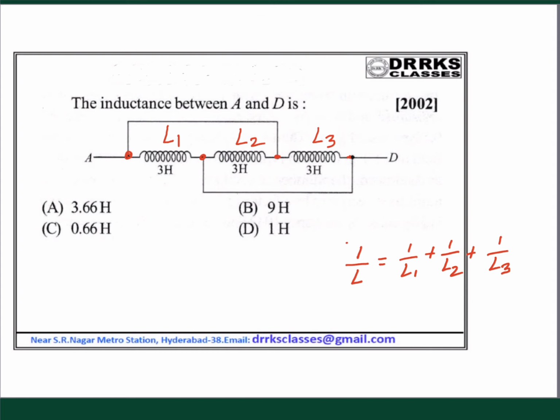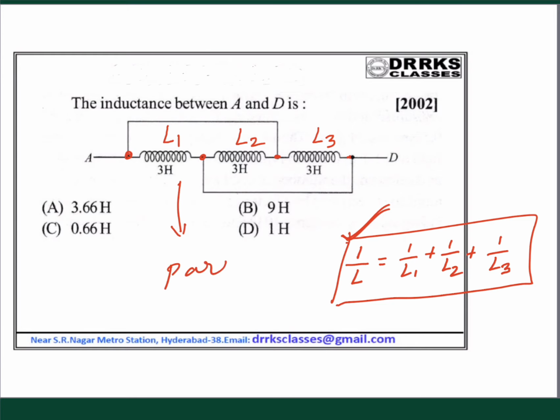We can use the formula 1 by L is equal to 1 by L1 plus 1 by L2 plus 1 by L3, and by applying this formula we can calculate effective inductance between A and D. Here all the three are parallel. Okay. Next one.